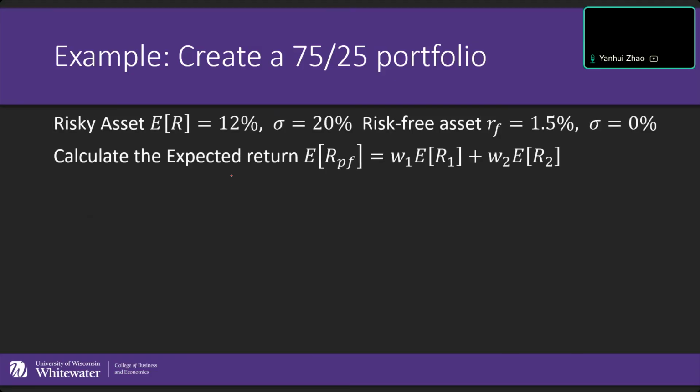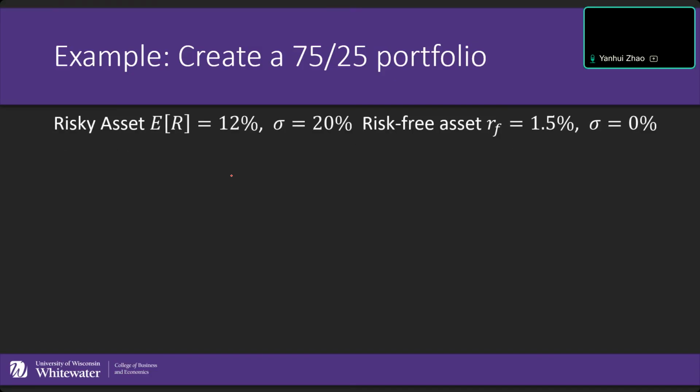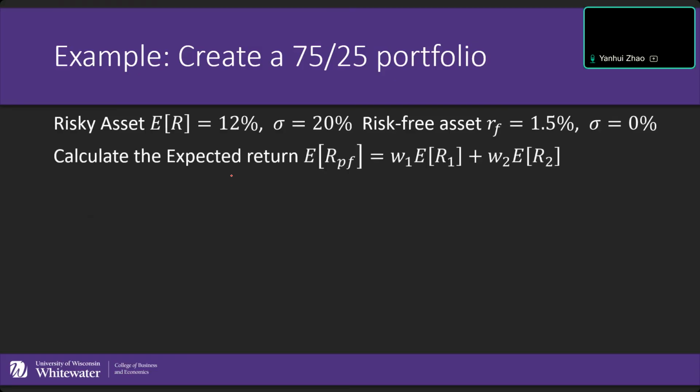So we have the 75-25 portfolio, and now calculate the expected return of the portfolio. I'm going to give you some time. Remember the weights: the expected return for the risky asset is 12%, and the risk-free rate is 1.5%. So I'm going to give you a little time to compute the portfolio expected return.